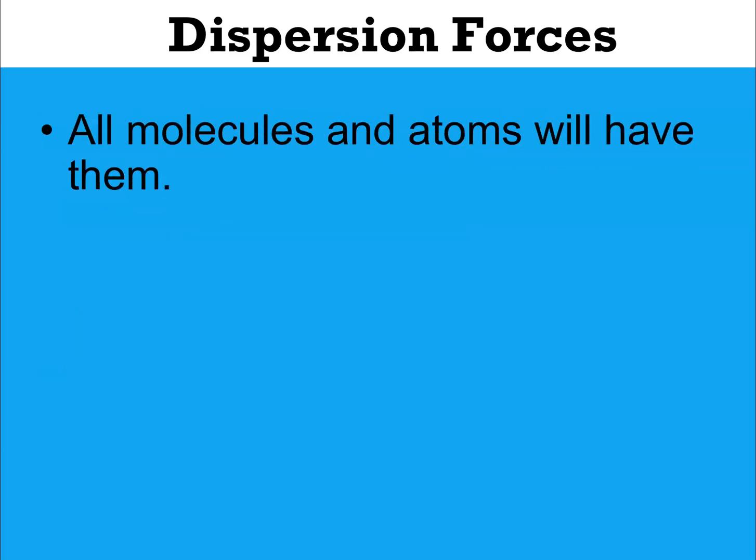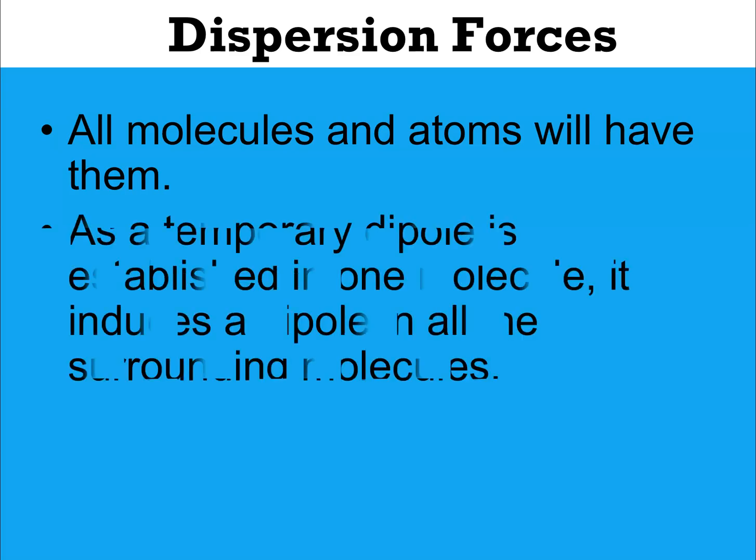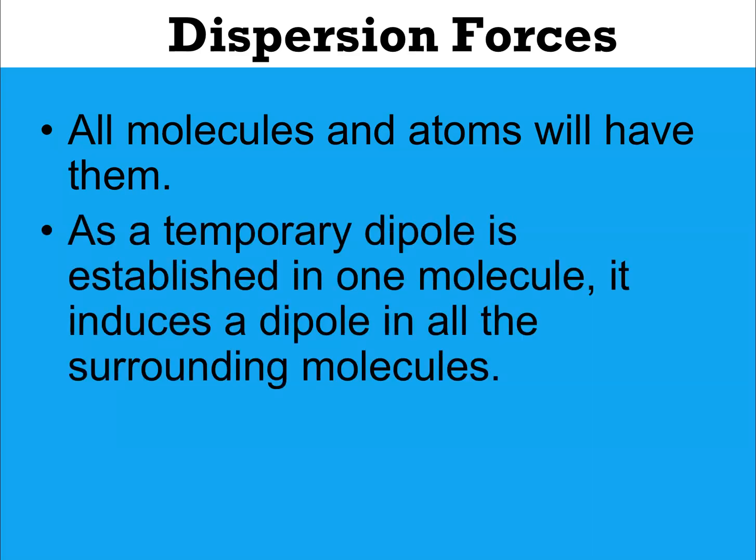Continuing along, I've said this multiple times, all molecules and atoms have London dispersion forces. It may not be the strongest force of attraction within the IMF, but everything has London because everything has electrons. Now, the interesting thing is, take any nonpolar molecule or noble gas, at any given moment, its temporary dipole can cause a neighboring molecule or noble gas to also form a temporary dipole.